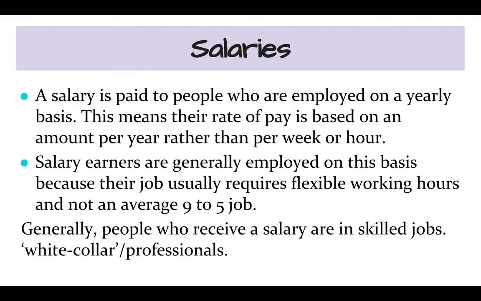So I don't work 9 or 8:30 till 3. I'm usually here an hour before school, and I'm usually here maybe 2 or 3 hours after school. Now, I don't get paid overtime or penalty rates for working those additional hours because my job requires flexible hours.